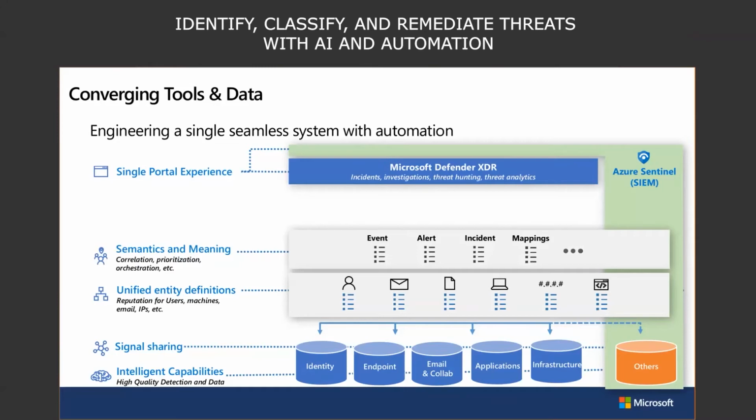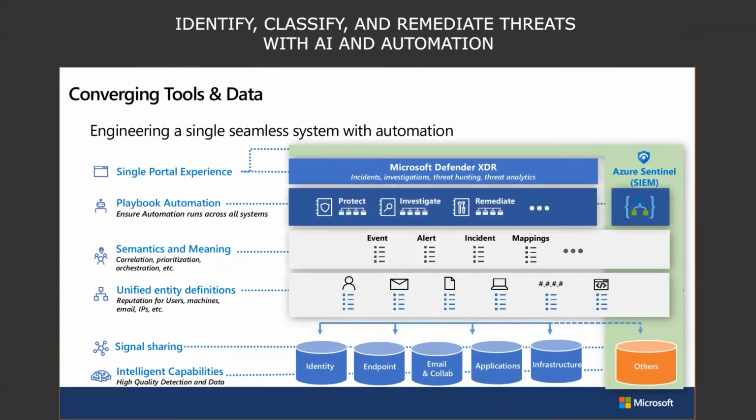This allows for clearly defined scope and context for complex attacks that span many different devices, identities, mailboxes, or applications. We then layered on out-of-the-box automation capabilities to help coordinate response across these domains, with the potential of further security automation through custom security playbooks.